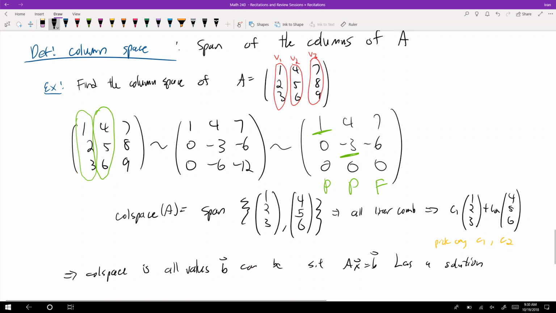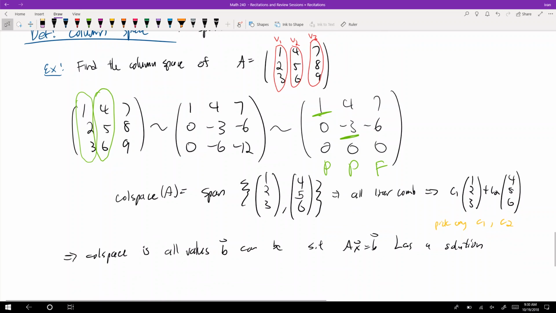So if we rewrite A as V1, V2, V3, I essentially just took each column and collapsed it down into this vector notation. I took 1, 2, 3, that's V1, 4, 5, 6, that's V2, 7, 8, 9, that's V3.